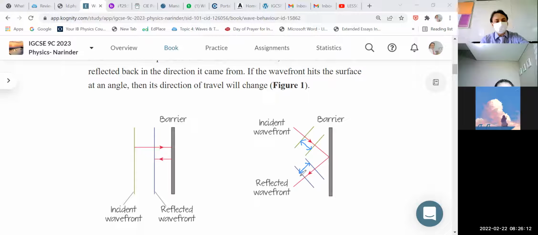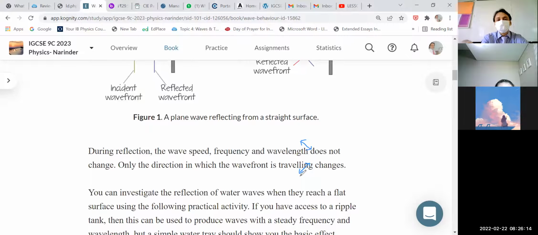Children, I want to show you, it is written here, please make a note in your notebook. During reflection, the wave speed, frequency, and wavelength don't change. No change takes place in wave velocity, frequency of the particles, meaning the number of oscillations, and third point, the wavelength of the wave remains unchanged.